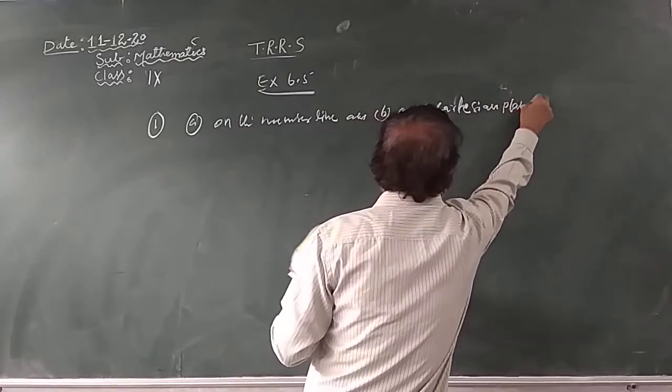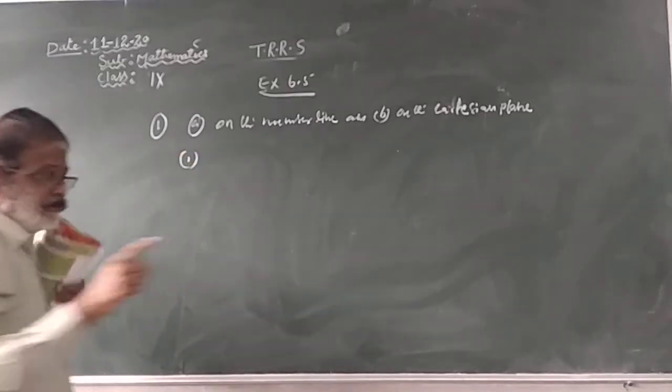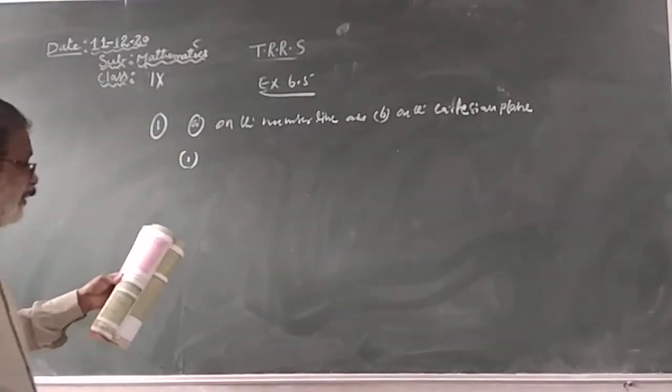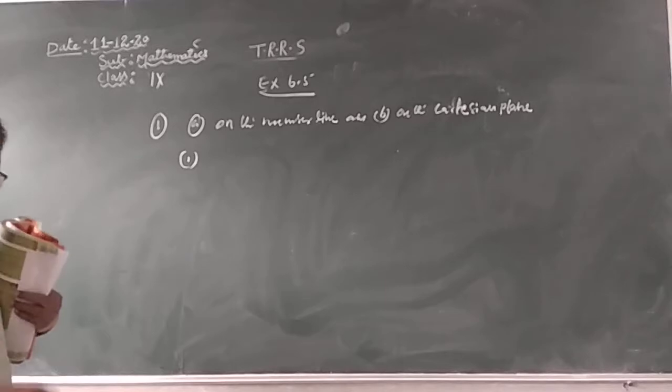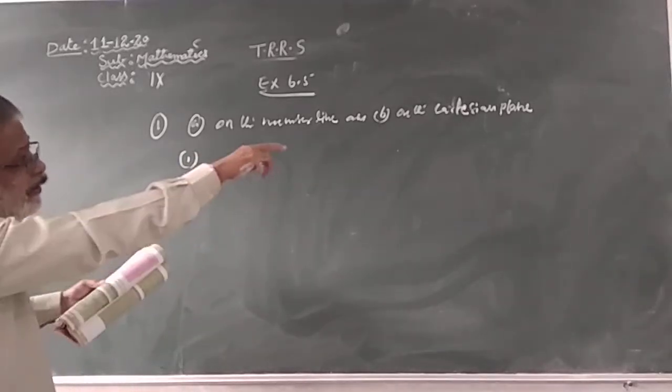Cartesian plane means x-axis and y-axis. I show you one problem. You have to give the graphical representation of the following equations, on the number line and on the Cartesian plane.